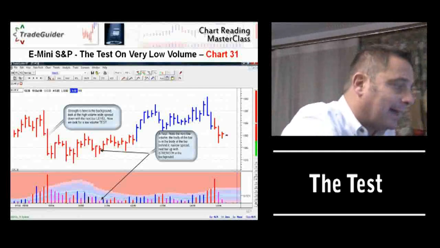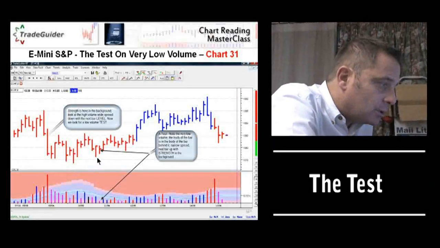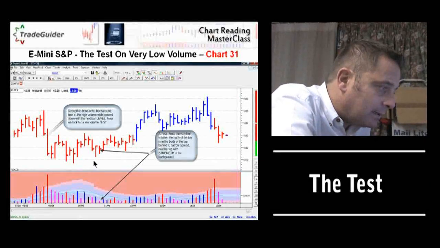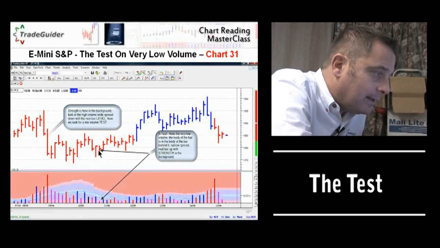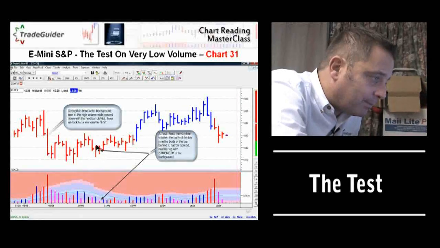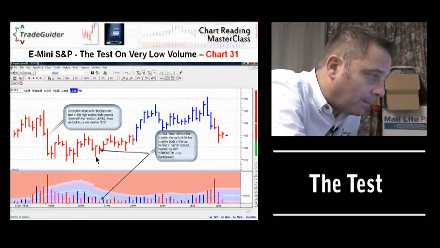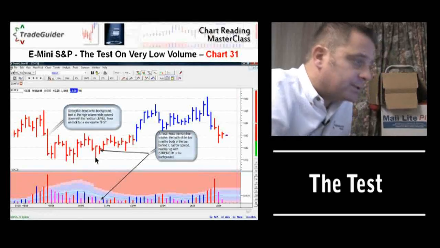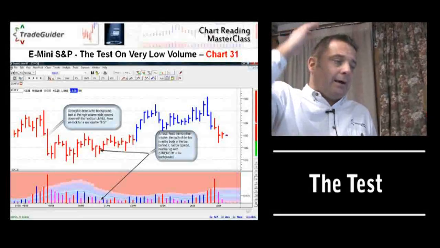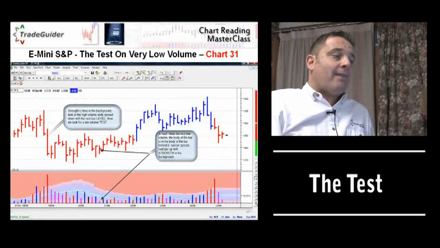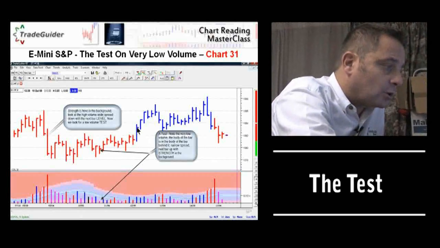Now the other thing that had happened, we'd already made two higher lows, just here and here. And then we get a test. Okay, this bar here was my entry bar with my buy order just above. Okay, and I put my stop below the bar behind it, which was just there. Now the reason I picked this particular chart was because from that test it churned a bit and then finally we got the breakout trade.